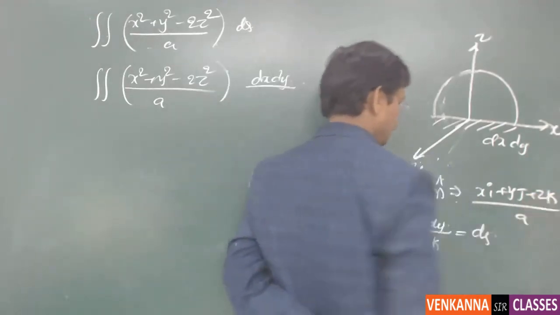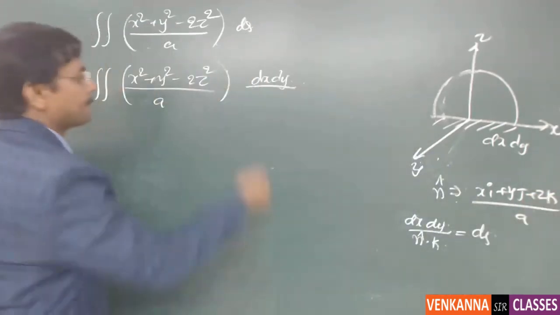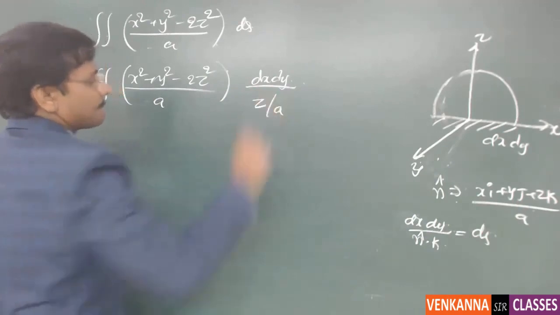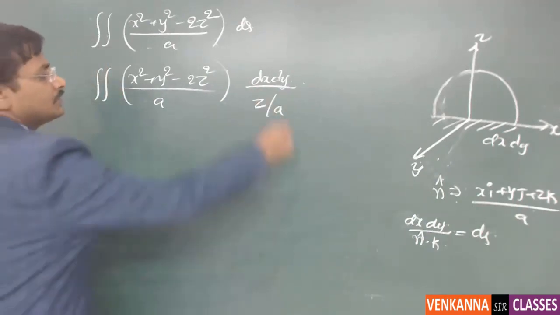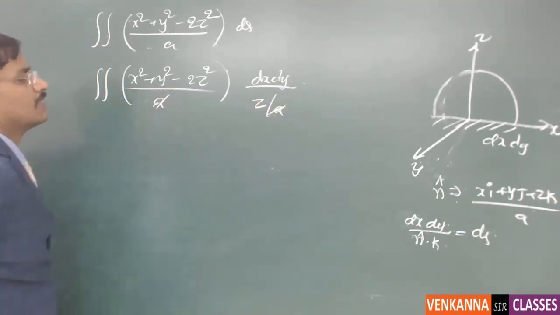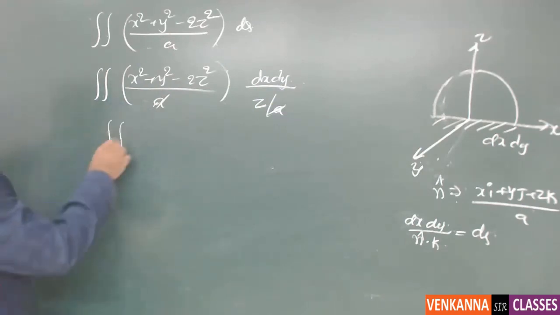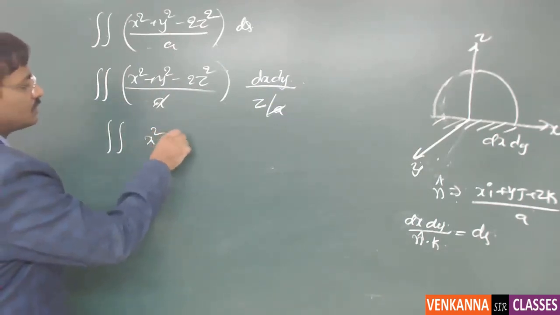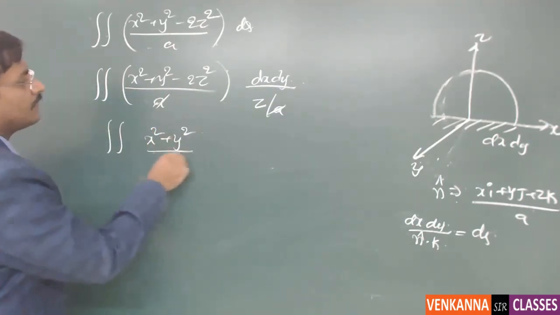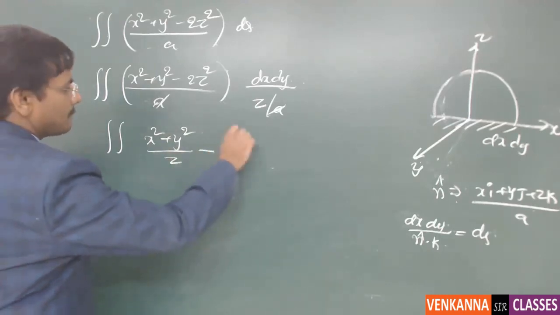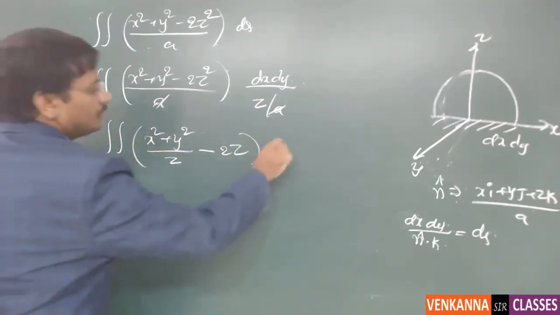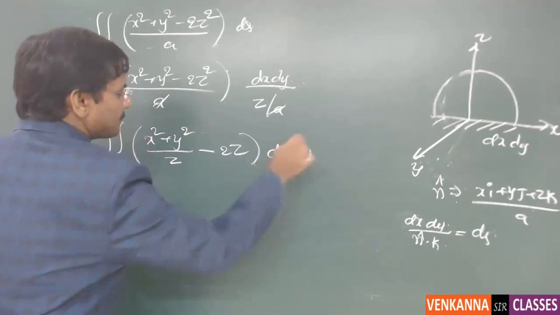So this is z by a. Got it? So this a and this a will cancel out, and then this is (x square plus y square) divided by z, minus 2z, into dx dy.